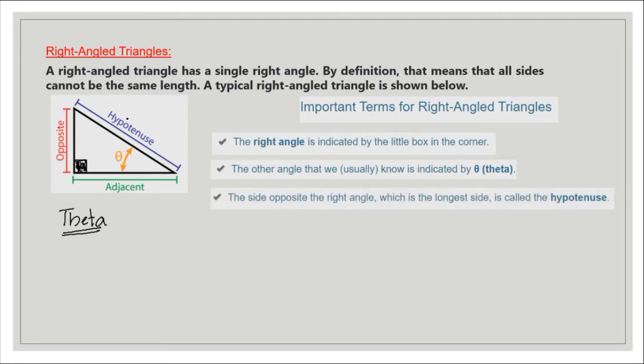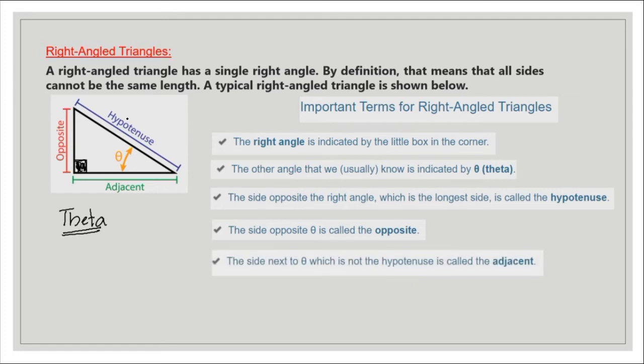The side opposite to the right angle of a right triangle is the longest side and is called the hypotenuse. The side opposite to theta is called the opposite side. The side next to theta, which is not the hypotenuse, is called the adjacent side.